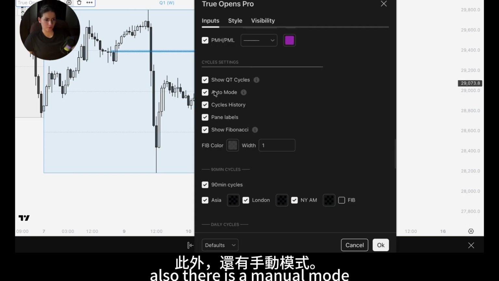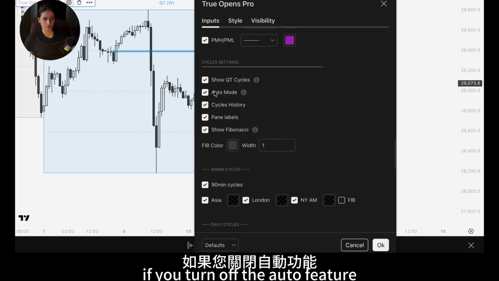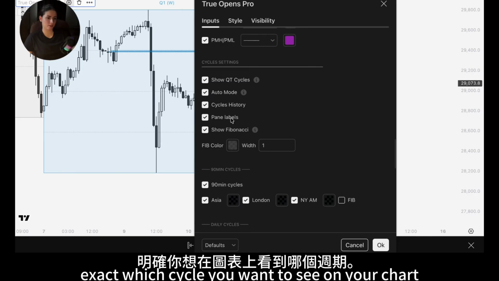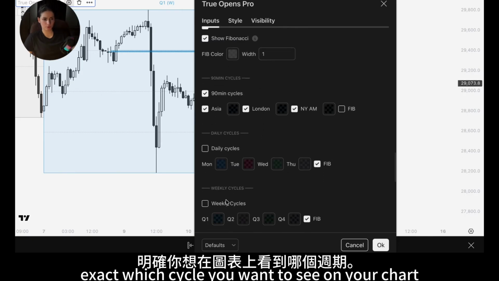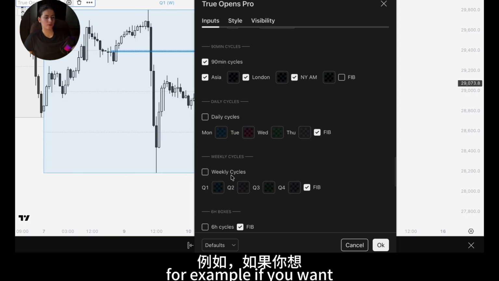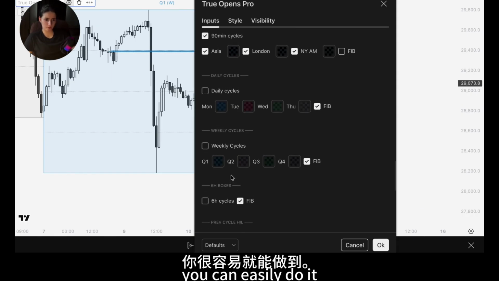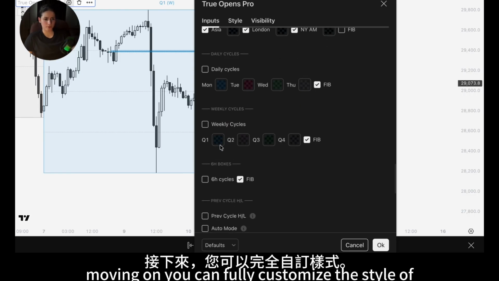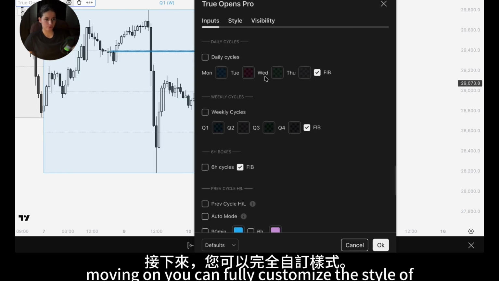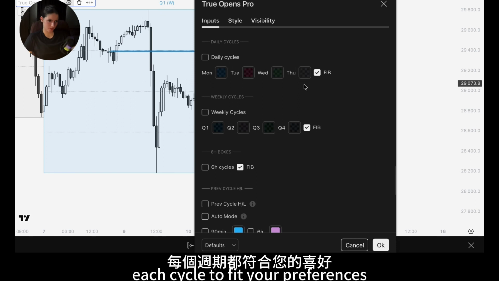Also, there is a manual mode. If you turn off the auto feature, you can choose exactly which cycle you want to see on your chart. For example, if you want daily cycles to be displayed even on the 3-minute time frame, you can easily do it in the settings. Moving on, you can fully customize the style of each cycle to fit your preferences.